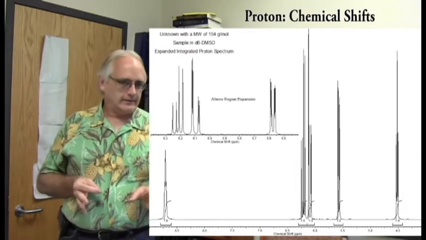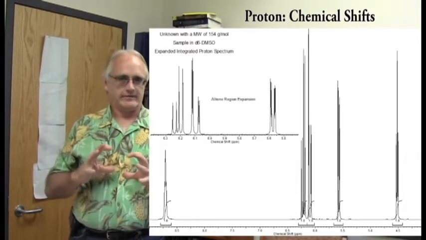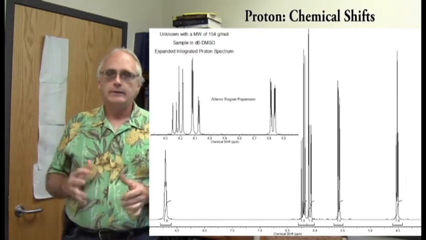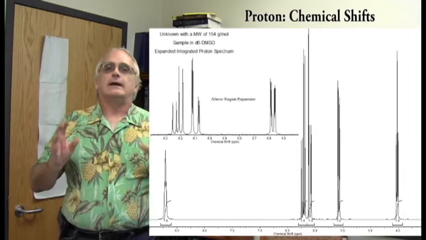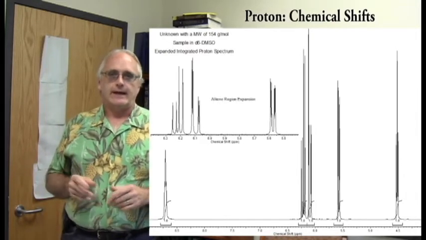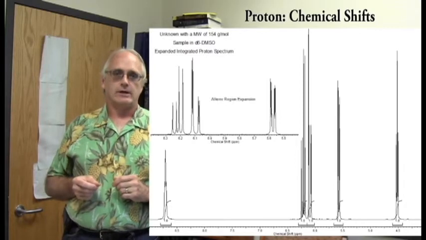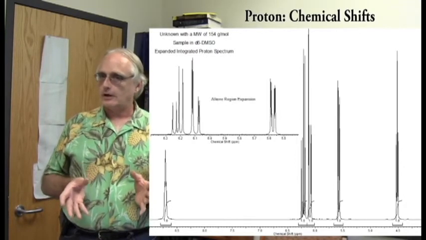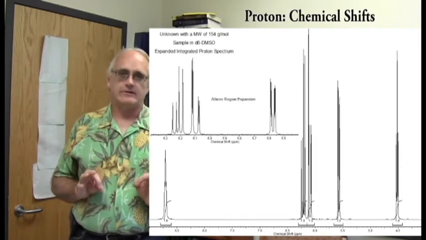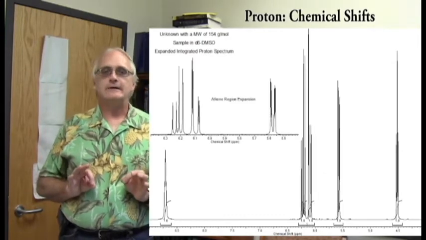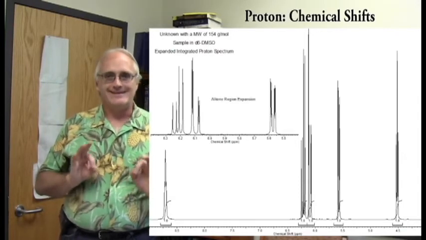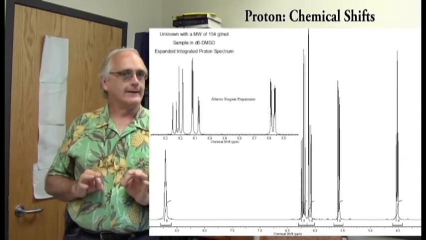If this is a highly substituted aromatic ring, a benzene with 5 different substituents and say only 1 proton on it, which is certainly possible, even though we won't see the protons in the 7 to 8.5 ppm range, we will certainly see their carbons. So we'll be on the lookout for that. This is an intriguing position. 8.7 is pretty downfield for a peak in a proton spectrum, especially if it's not from an aromatic ring.